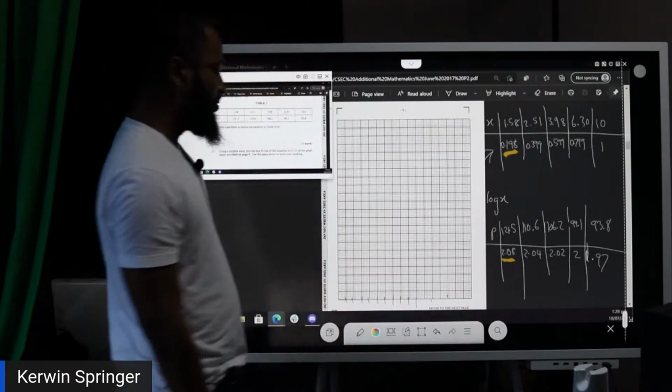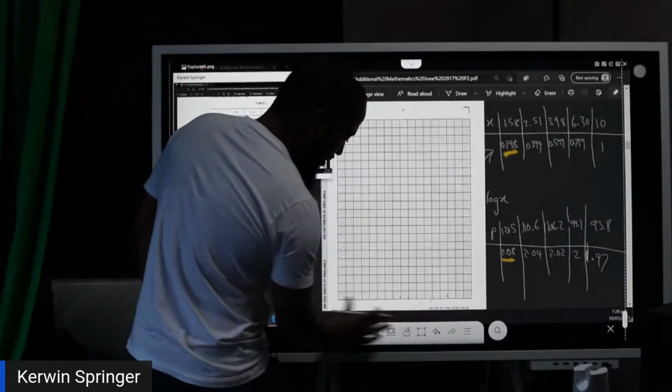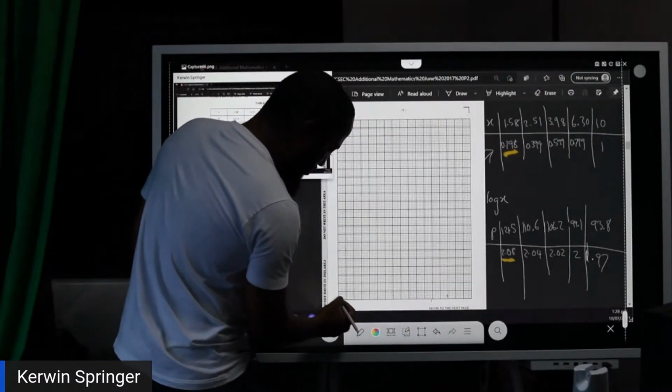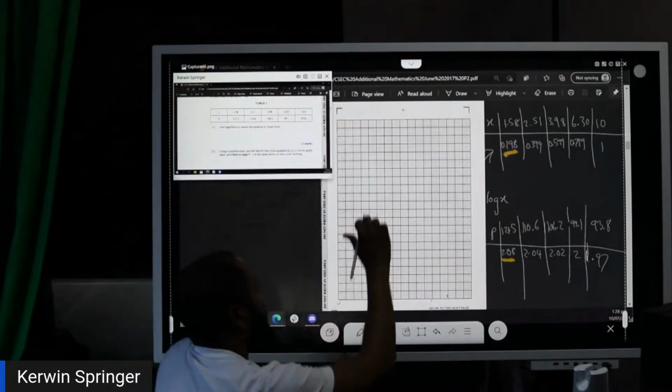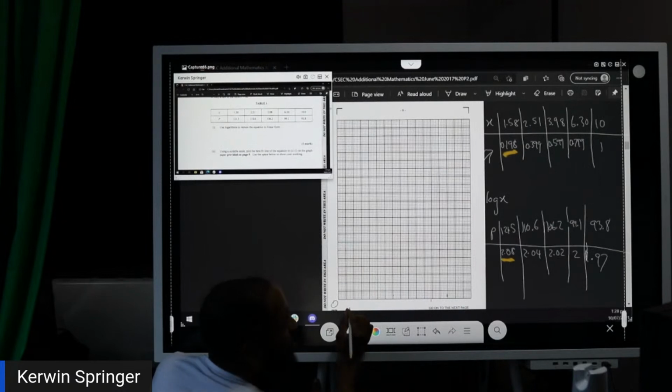So you do it like that, meaning this spot here. Y'all understand what I'm saying? Then 0, 0.1, 0.2.